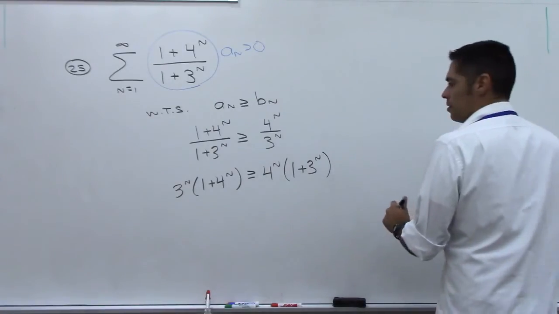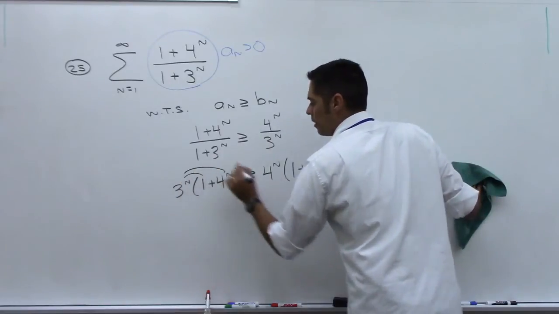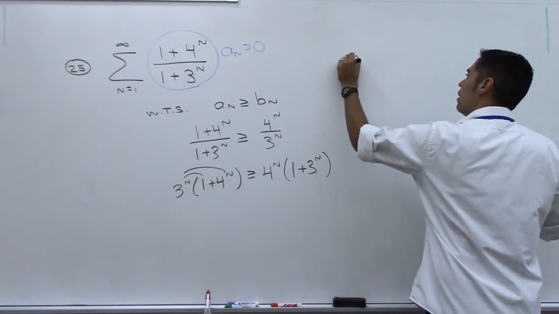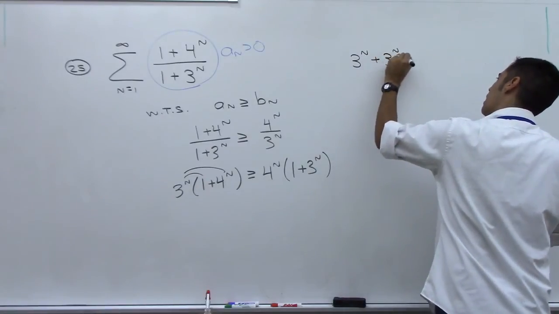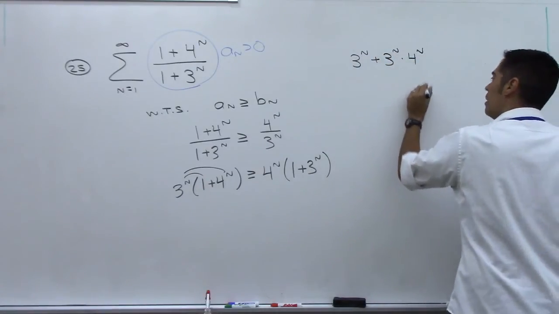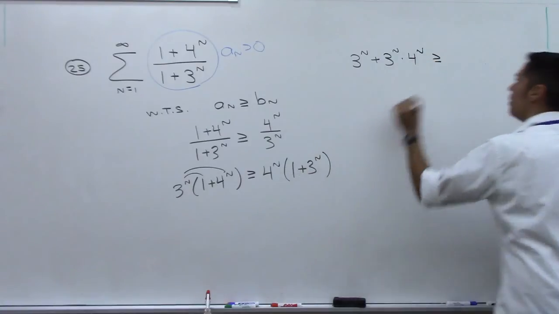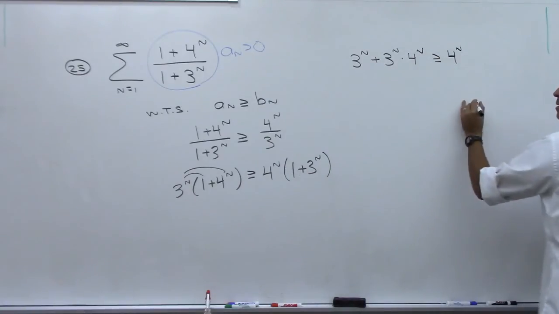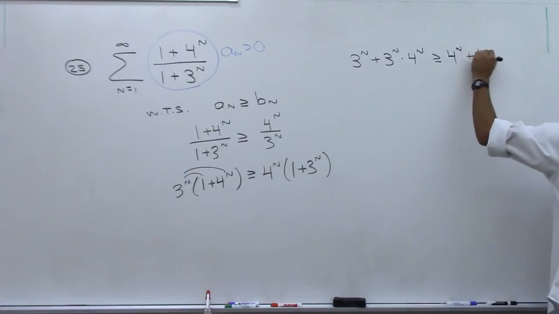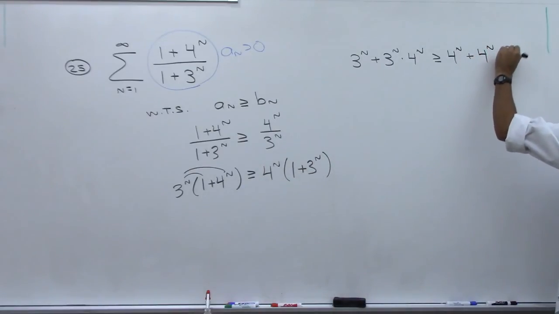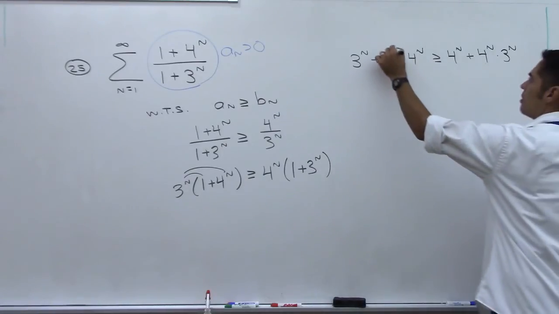We haven't seen anything like that before. That's all right, we'll just distribute. So here to here, here to here. So you get 3 to the n plus 3 to the n times 4 to the n is greater than this side, 4 to the n plus, again, distribute through 4 to the n times 3 to the n. And these are exactly the same.